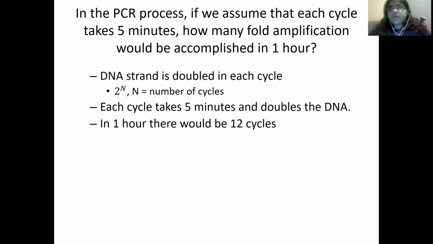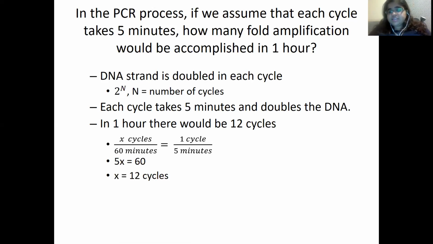So in 1 hour, there would be 12 cycles, right? Because it's 60 minutes divided by 5 minutes, since 5 minutes is what it takes for one cycle. So that's how you get 12 cycles in 1 hour.